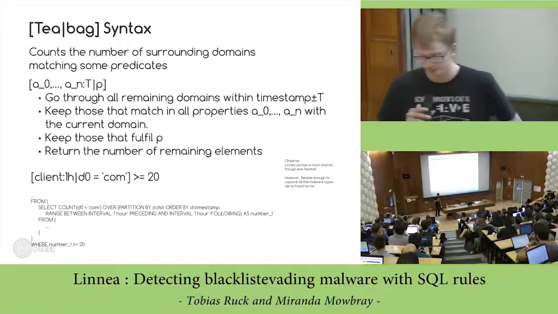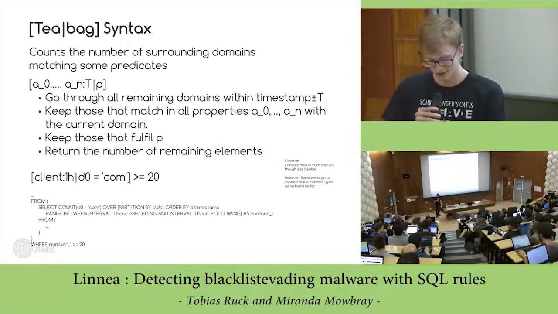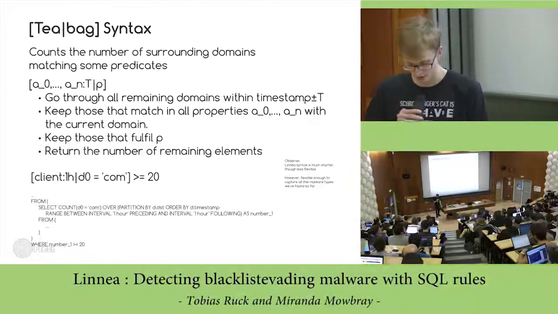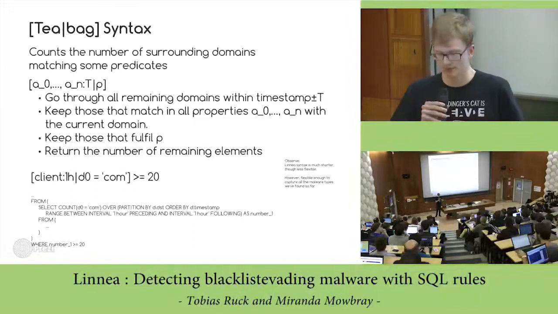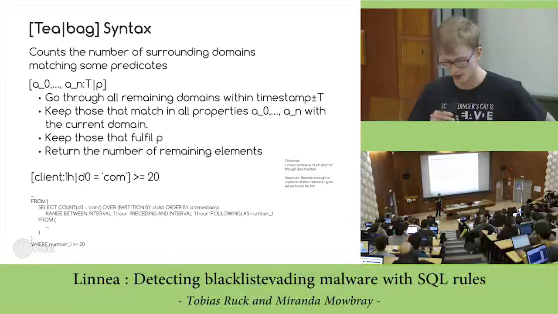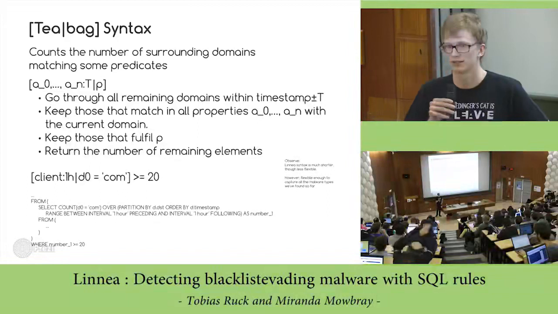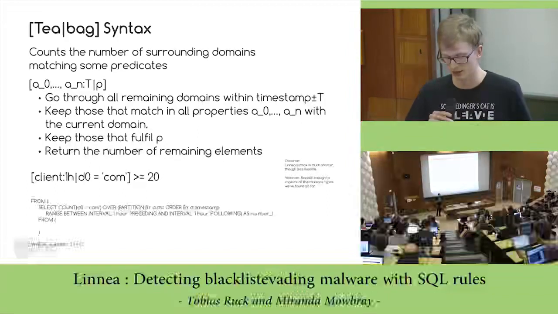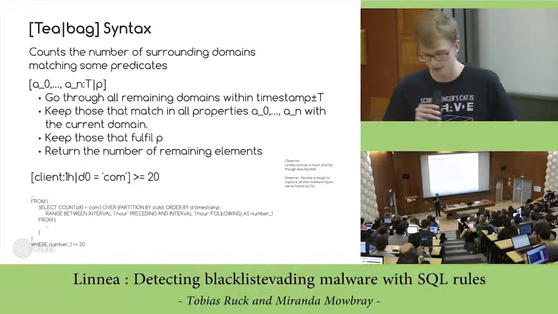Sorry, thirsty. The so-called teabag syntax, as I named it. It's very useful for analytic evaluation. It basically counts the number of surrounding domains from a domain matching some predicates. So if we have a teabag like this, where you have the properties A0 to AN with time frame t and predicate p, we go through all remaining domains within the time frame t.